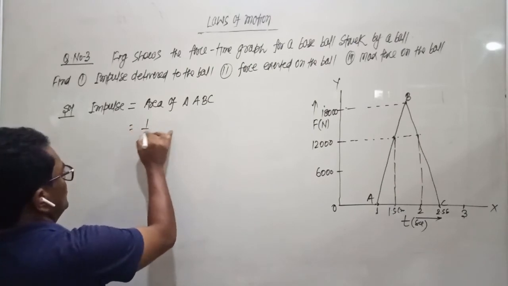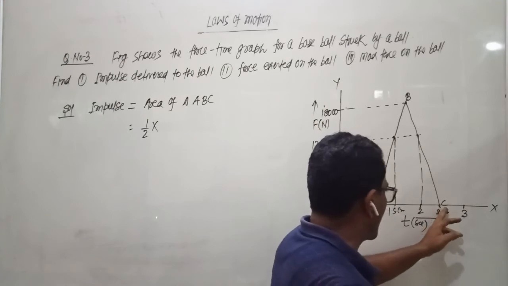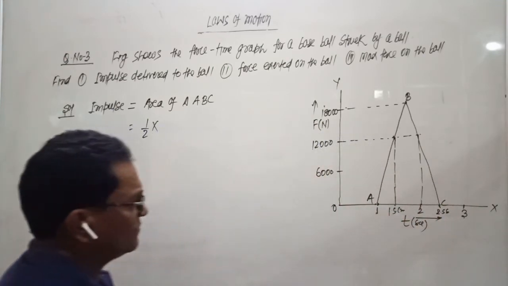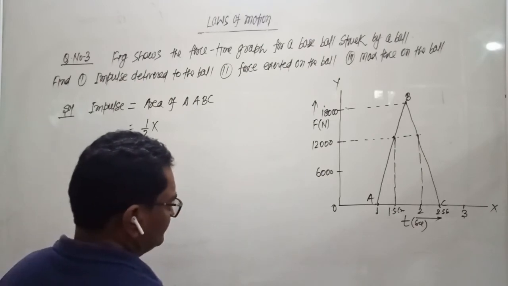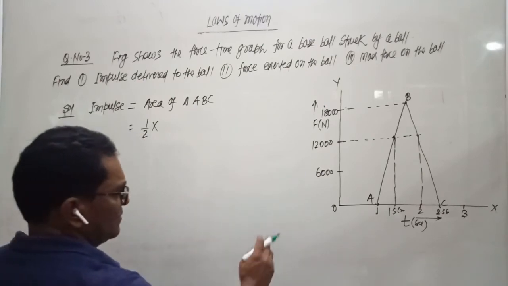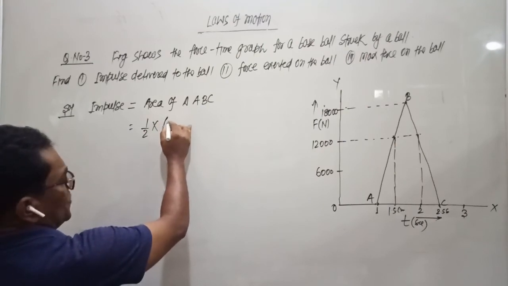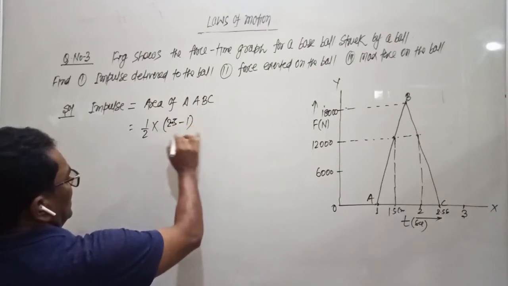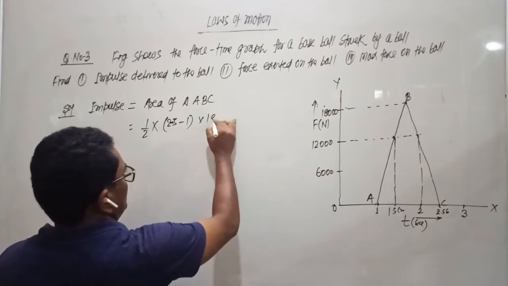The base is from 1 to 2.5, a difference of 1.5, and the height is 18,000 Newton.